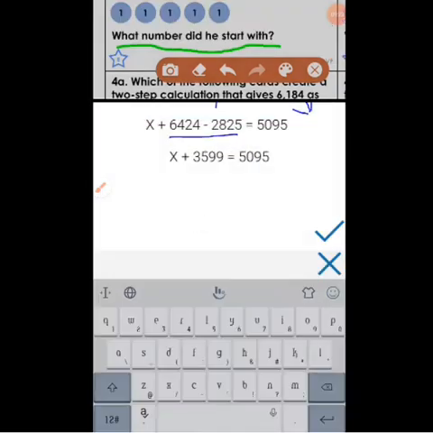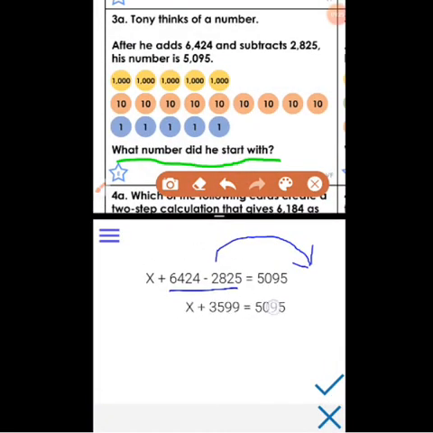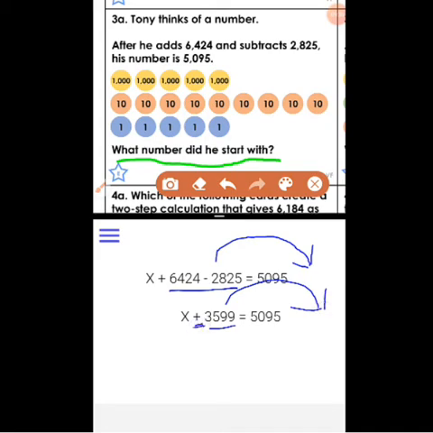Okay, so the reason why I'm doing this is to show you how this will move to this side of the equation. So when it moves to this side of the equation, this plus sign will change to minus. Okay, so it will now be 5,095 minus 3,599.